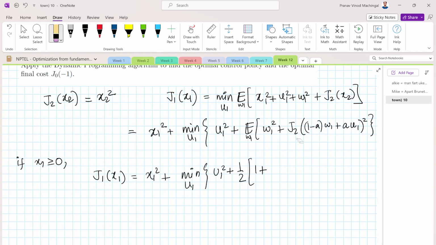Okay, so this j2 I can directly substitute. x2 is this term and j2 x2 is the square of this.